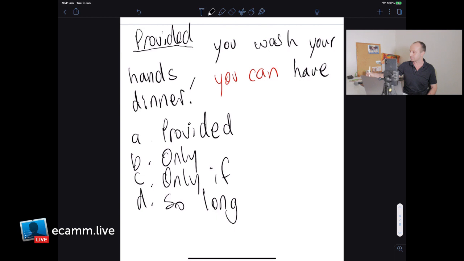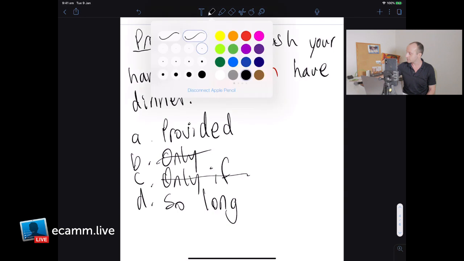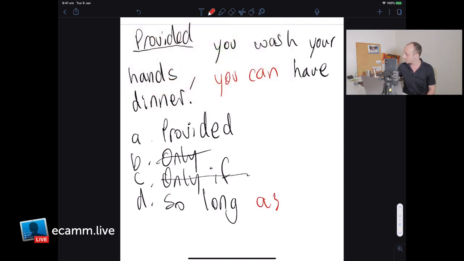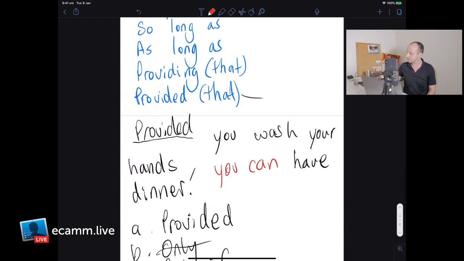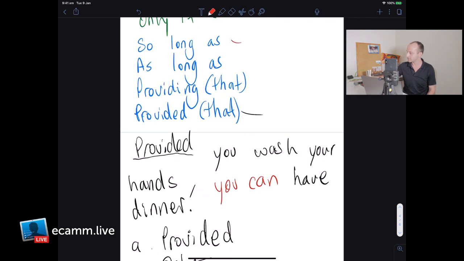Only if you wash your hands, you can have dinner. Only if you wash your hands, can you have dinner. So it's not that one. It's not only, because there's no condition. And it's not so long, because it's so long as, as long as, providing that. Remember, provided that is optional.